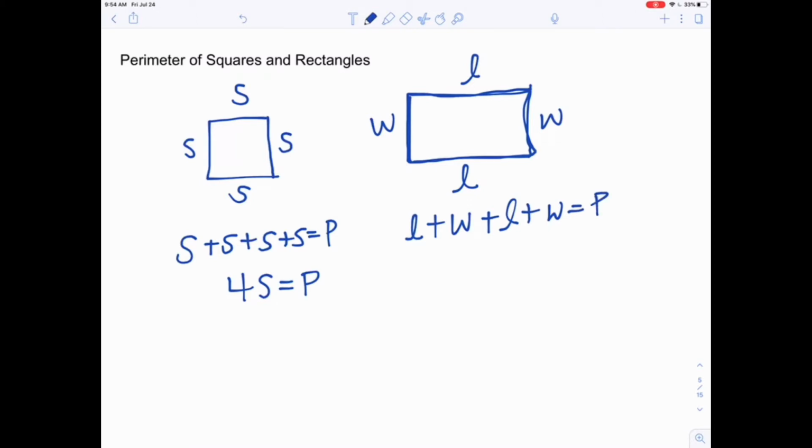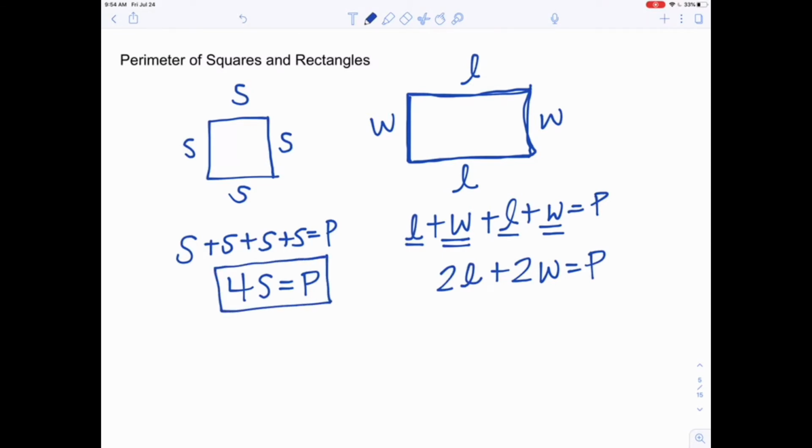Here we can combine like terms: length plus length, so 2 times the length, plus the width plus the width, which gives us 2 times the width. And that gives us perimeter. This is just to explain where these equations come from. What I want you to memorize is: 4 times S for side is the perimeter for a square, and for a rectangle, 2L plus 2W equals perimeter.